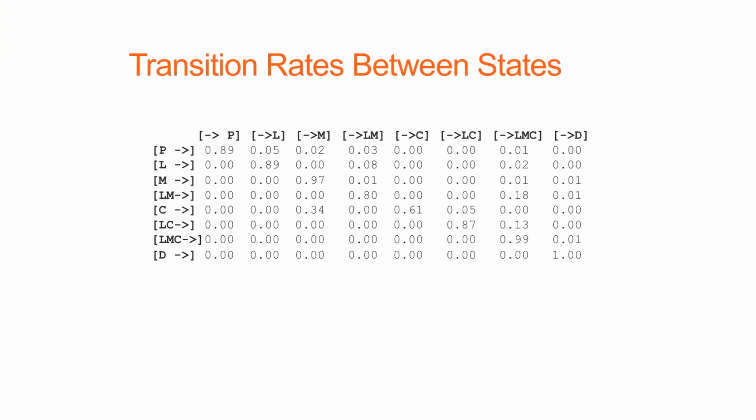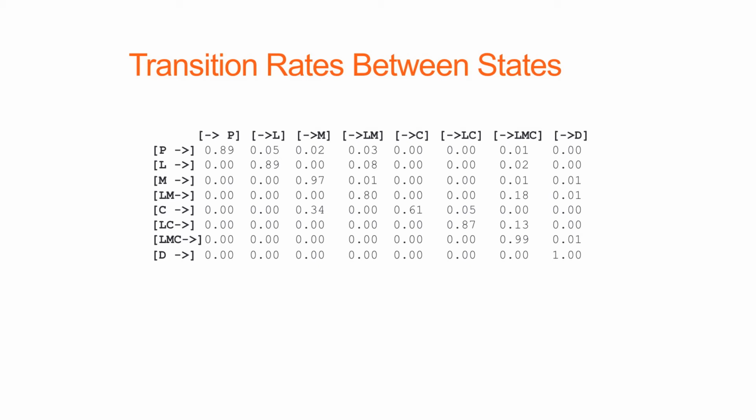So here is an example of a transition rate matrix that is used for some of these methods. For example, if somebody is living with parents in a year, the rate of the following year also living with parents is 0.89, or 89% of the time.